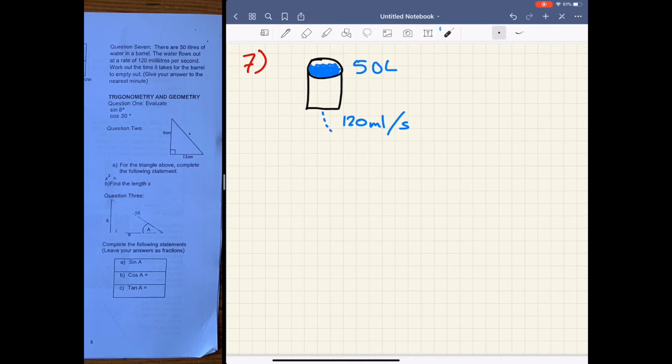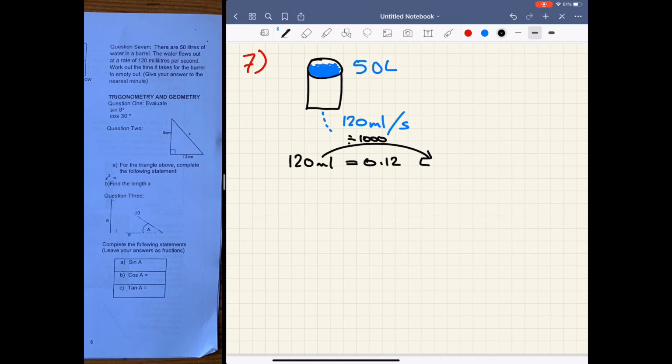So in this instance, we're going to convert 120 milliliters into liters. 120 milliliters equals, right, how many liters? We have to divide by 1,000, so 0.12 liters.